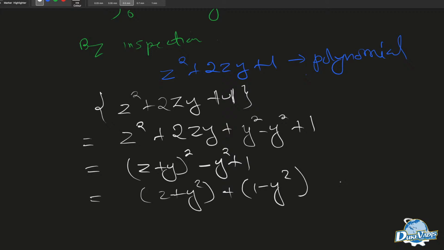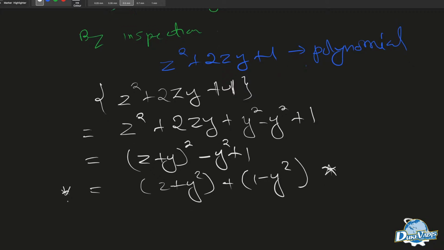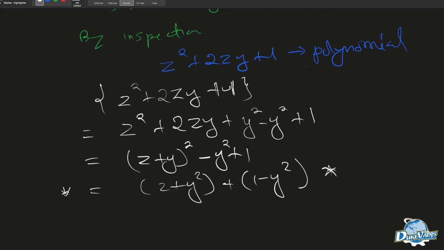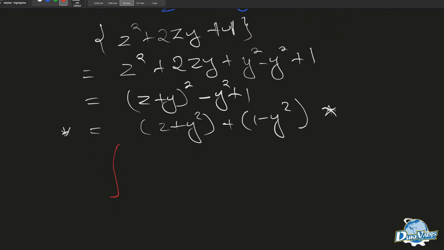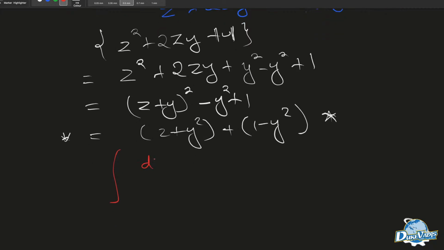So I can substitute this in place of my final integral. Therefore, the final integral will be the integral dz all over z plus y squared plus 1 minus y squared.